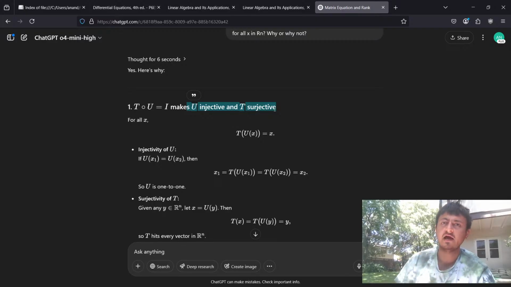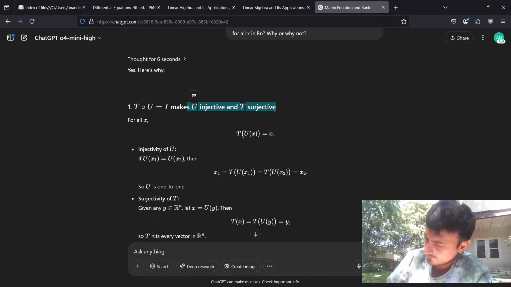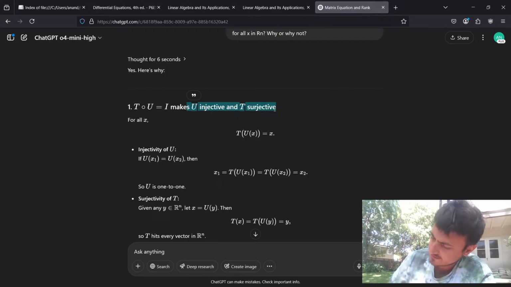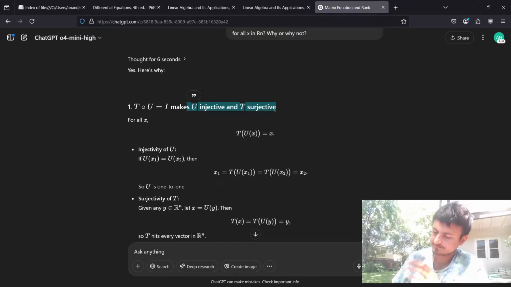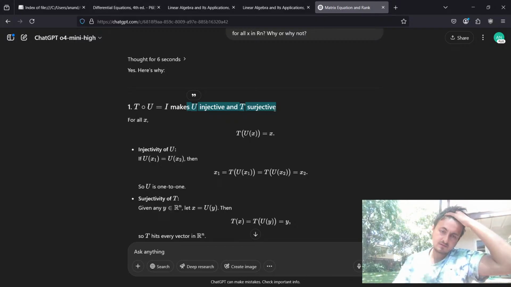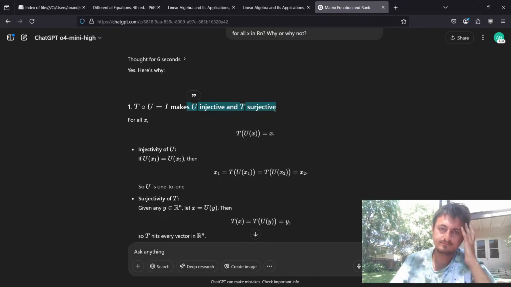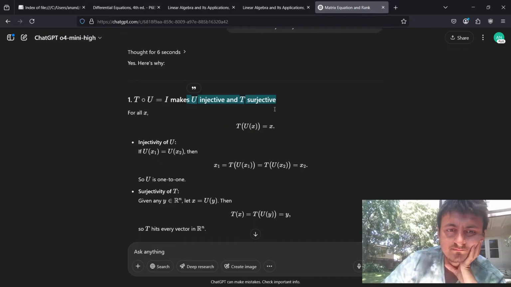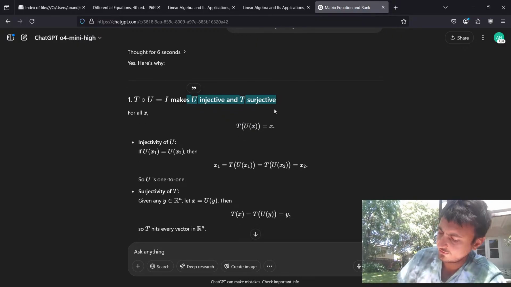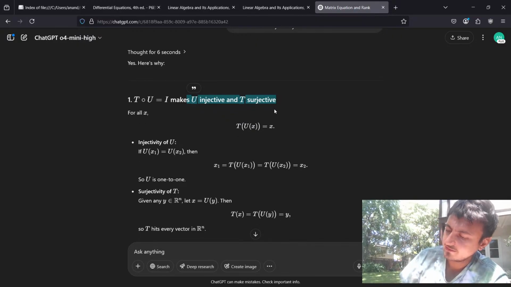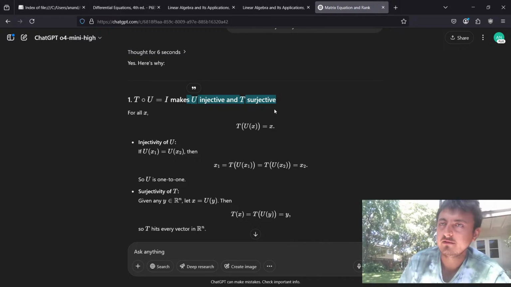No, just T after U. U is injective. Yeah, U is injective. And T is surjective. But if you're going from Rn to Rn, and you have something surjective, it's also going to be injective.